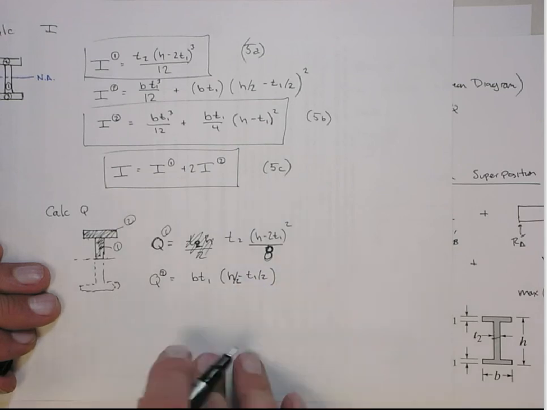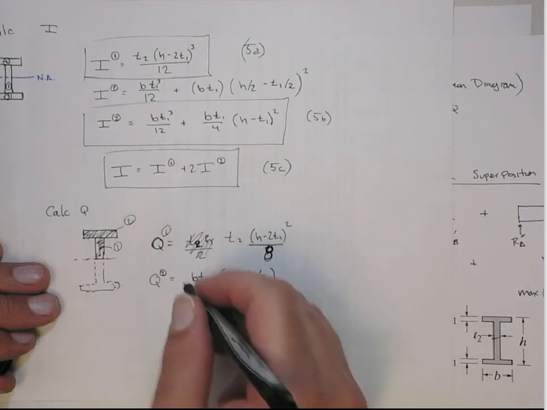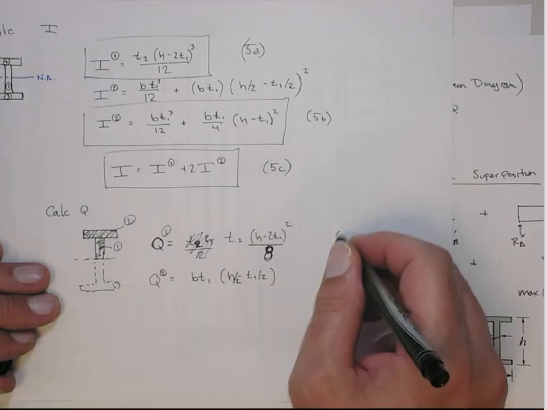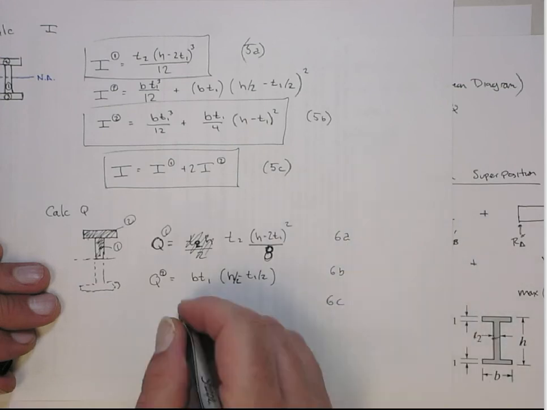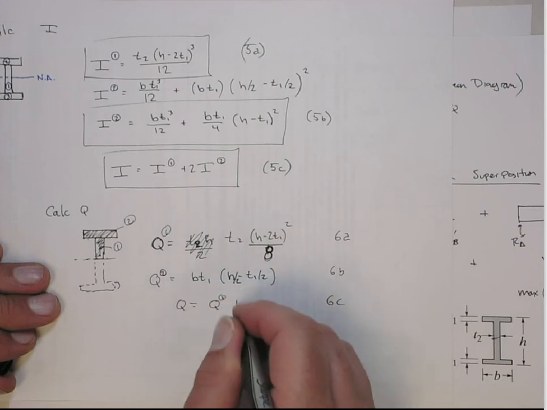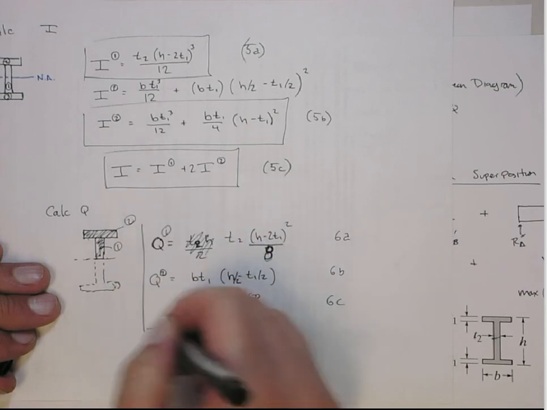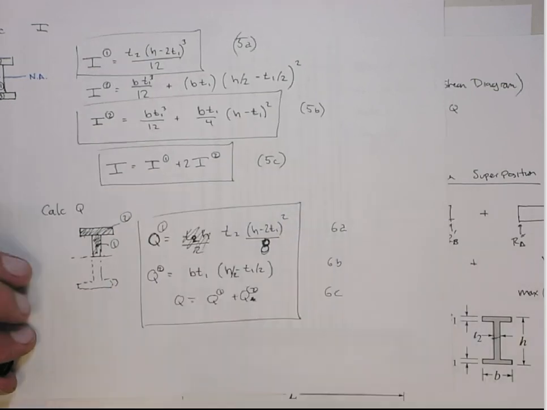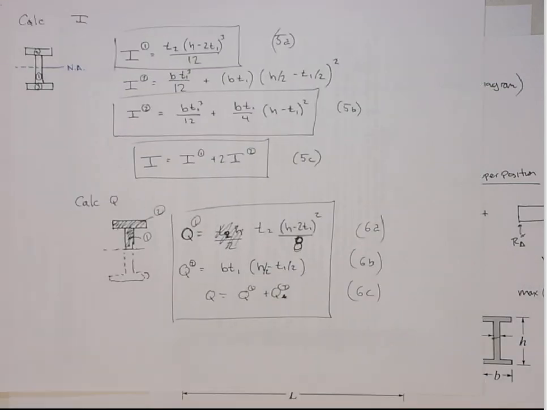So that's that distance, okay? So this would be, we'll call it 6A, 6B, and then 6C. Q is going to be Q1 plus Q2, not 2 times it, because there's only one of those. So those are the equations we're going to use to compute Q.